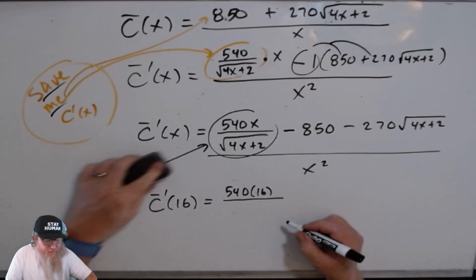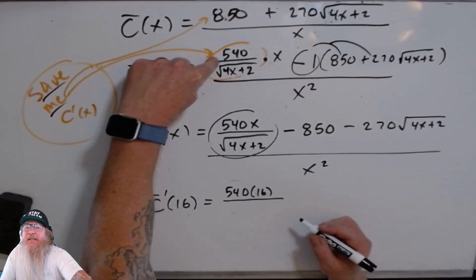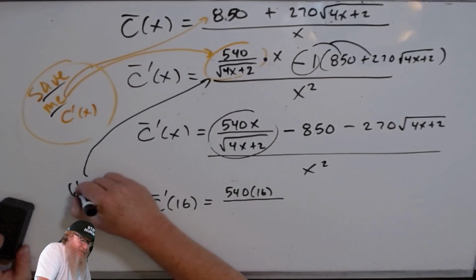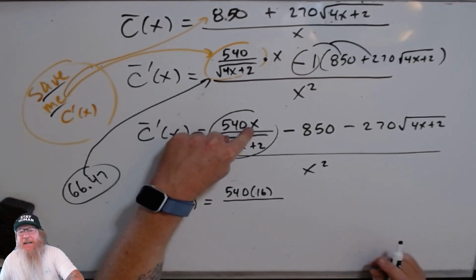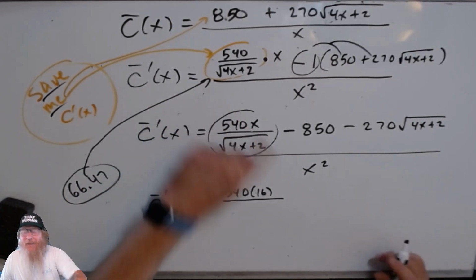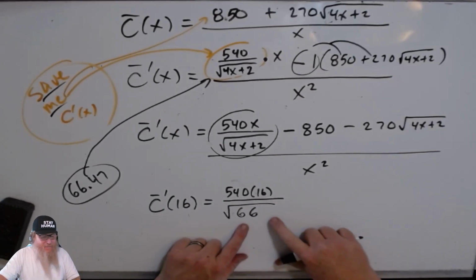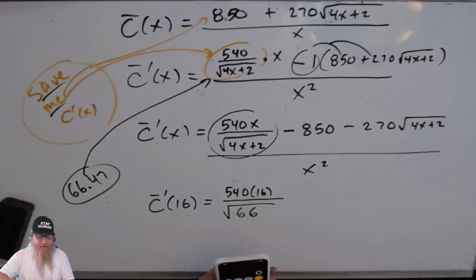Oh, actually, no. We know this is 66.47. Glad I didn't screw that up. This one has an extra x. So it's going to be... Was it 66.47? God, my short term. I'm just bragging about my short term memory.